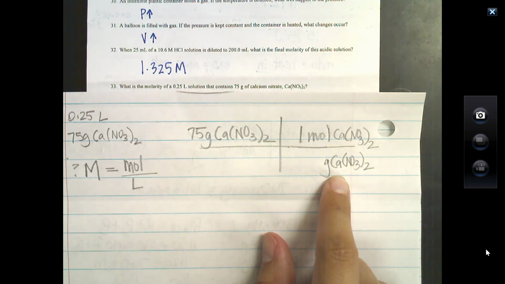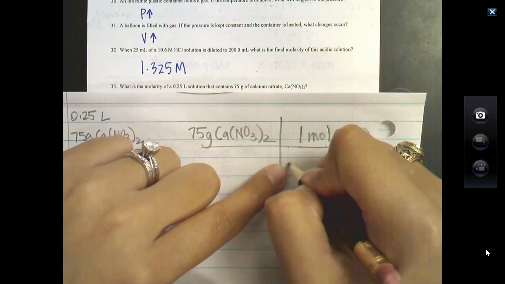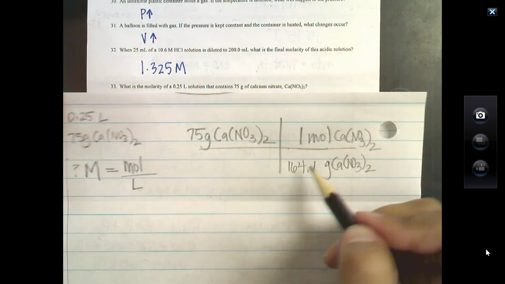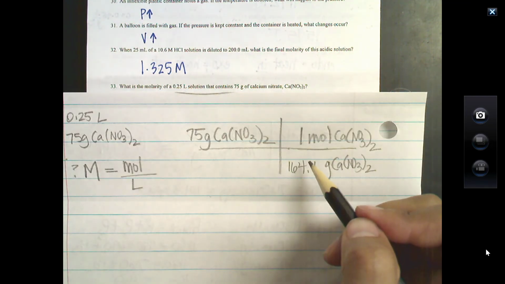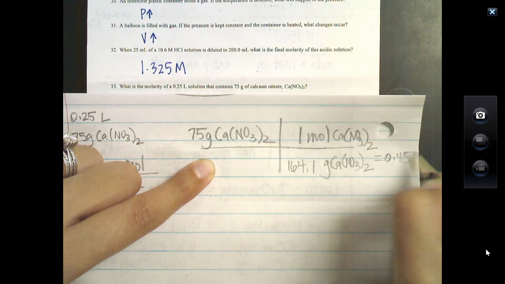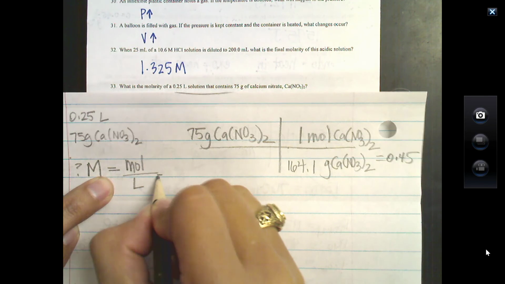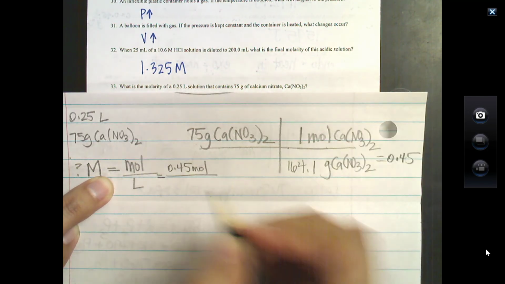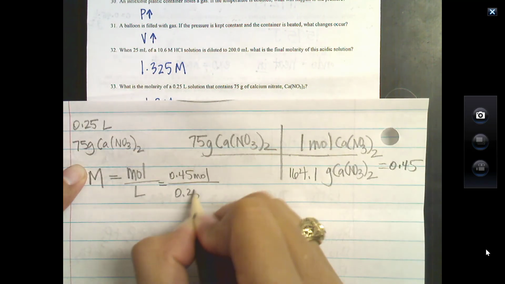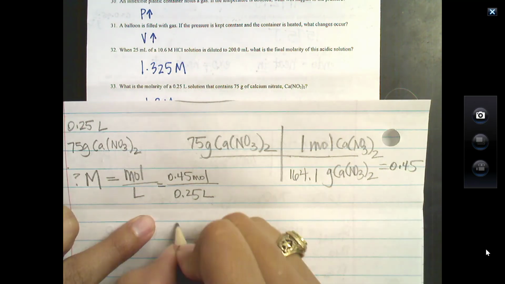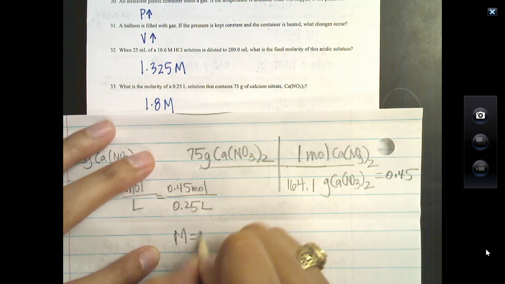You get those numbers from the periodic table, you add them all together, and you get 164.1. Now we divide 75 by that, which gives us 0.45. So we plug that in for moles, 0.45 moles divided by our 0.25 liters that we were given in the problem. 0.45 divided by 0.25 is molarity equals 1.8.